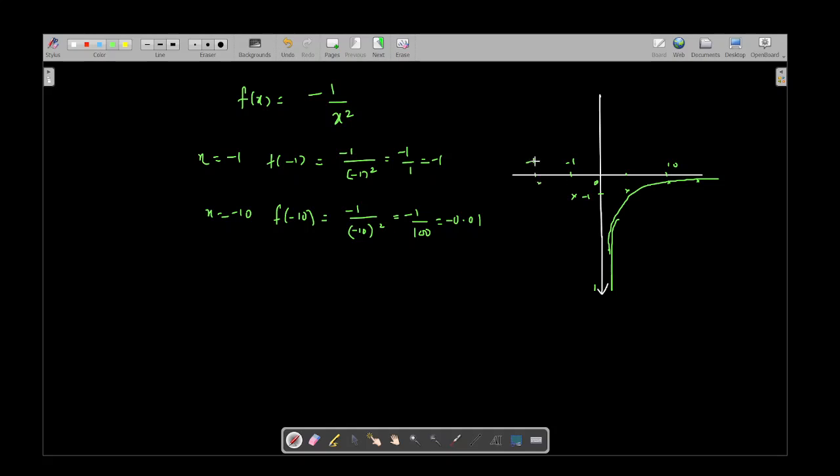If you put x equal to minus 100, f of minus 100 is equal to minus 0.0001, which is very close to 0. So what I mean here is, if x is going towards minus infinity, f of x will go towards 0, but the path is from minus infinity to 0 like this. So this knowledge is very important for us.